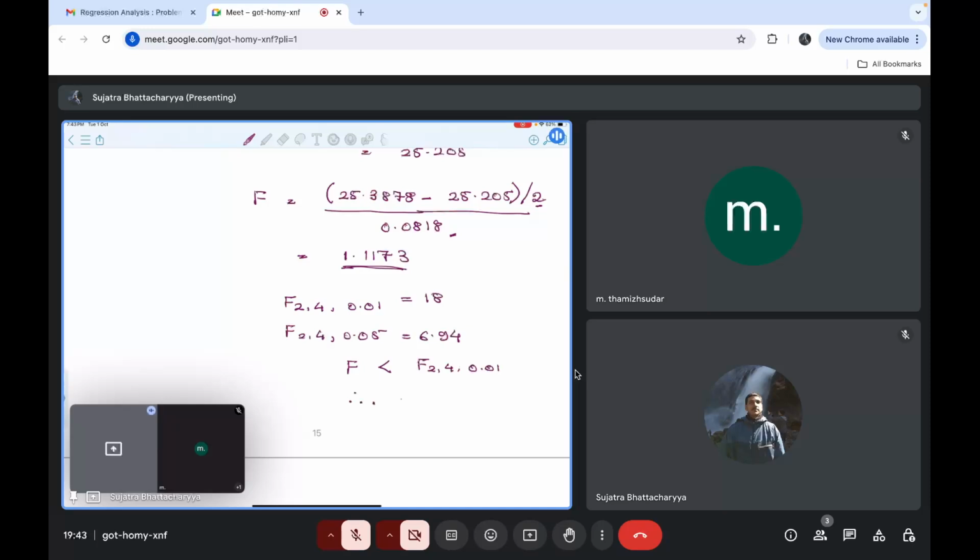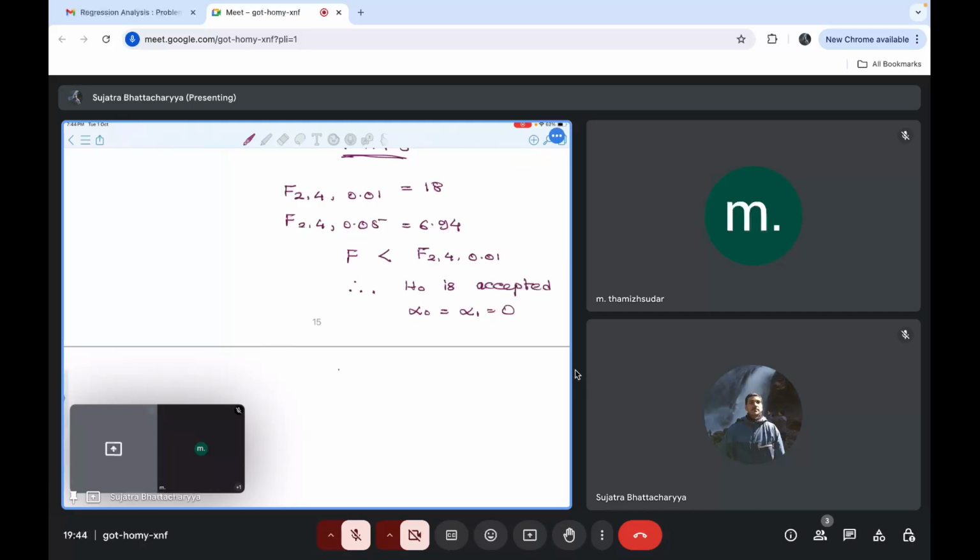Therefore, we can conclude that H naught is accepted. That means alpha naught equals alpha 1 equals 0. That means we actually don't need any dummy variable. So what does this indicate? That a single line fit is possible. If H naught is accepted, then only a single line fit is possible. Otherwise, not.